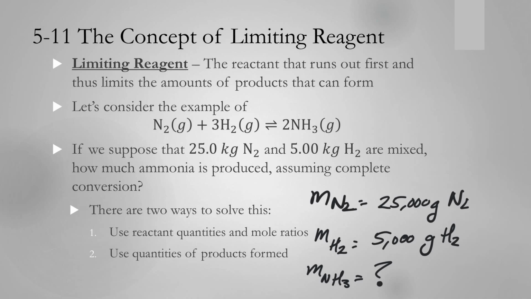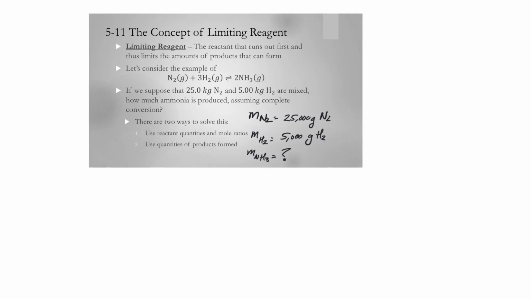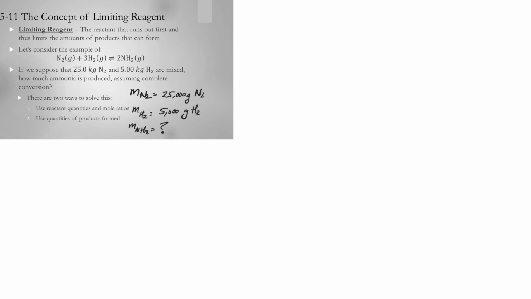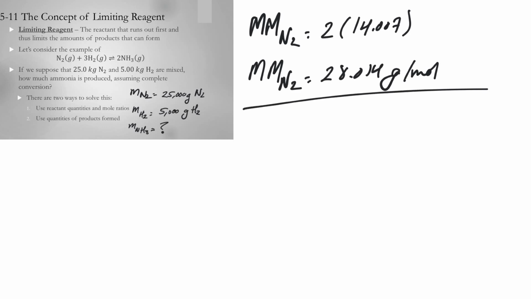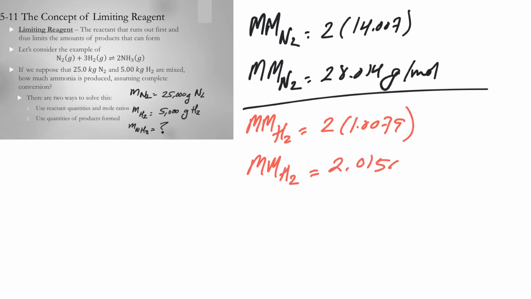So we need the molar mass of all 3 of these compounds. Molar mass of nitrogen is 2 times 14.007, 28.014 grams per mole. Molar mass of H2 is 2 times 1.0079, which is 2.0158 grams per mole.